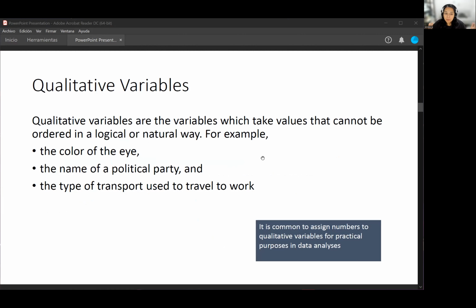We have different types of variables. I will be very brief on this portion because it's an entire topic. When we're talking about variables, we're talking about qualitative variables and quantitative variables.